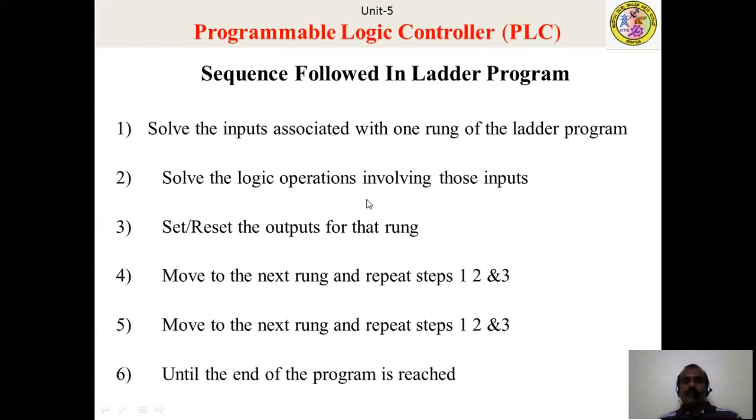The sequence followed in a ladder diagram is: solve the inputs associated with one rung of the ladder program, then solve the logic operations involving those inputs, set or reset the outputs for that rung, move to the next rung and repeat steps 1, 2 and 3. Similarly, you move to the next rung and repeat steps 1, 2 and 3 until the end of the program is reached.